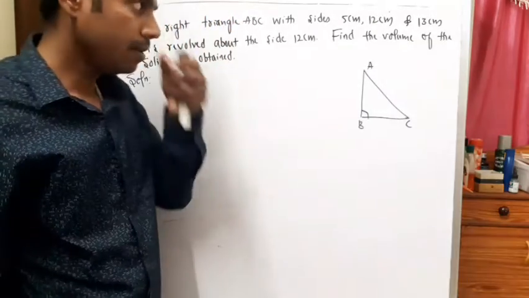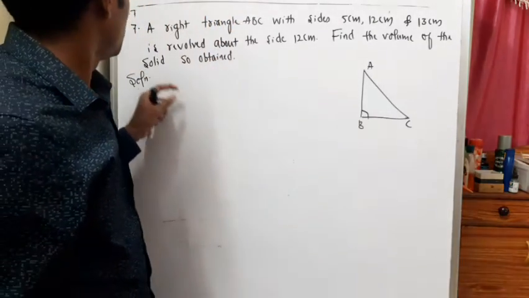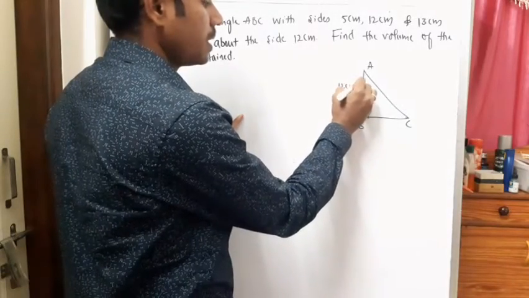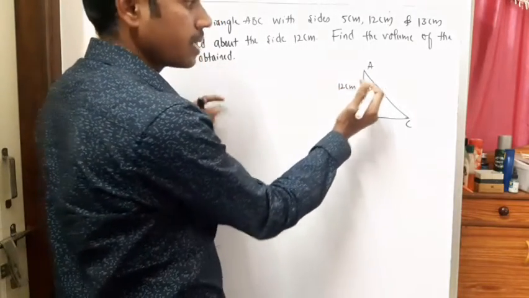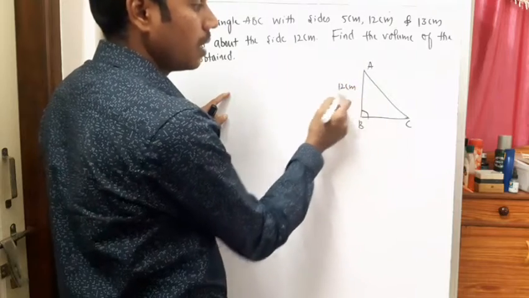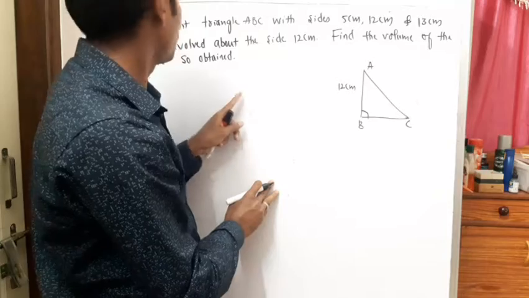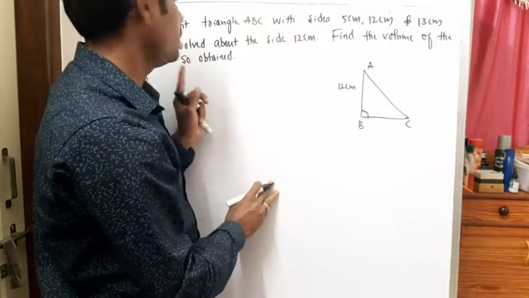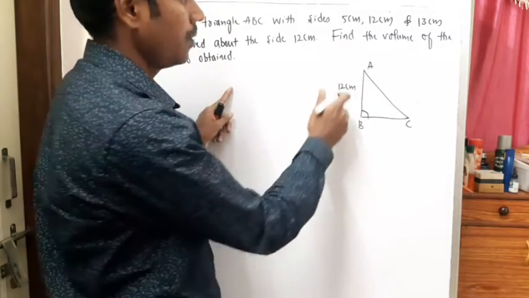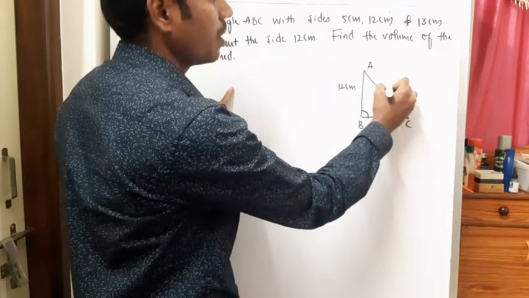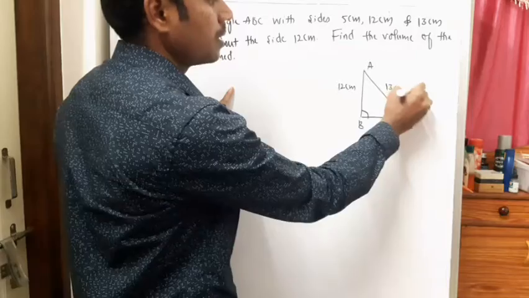It is revolved about the side 12 centimeter. Because this right angle triangle is revolving around 12 centimeter. Find the volume of the solid so obtained. If one side is 12 centimeter, another will be 5 centimeter and the hypotenuse will be 13 centimeter.